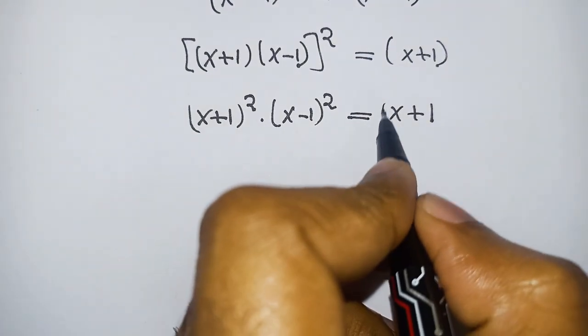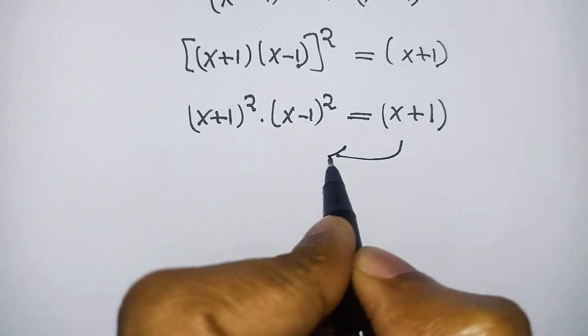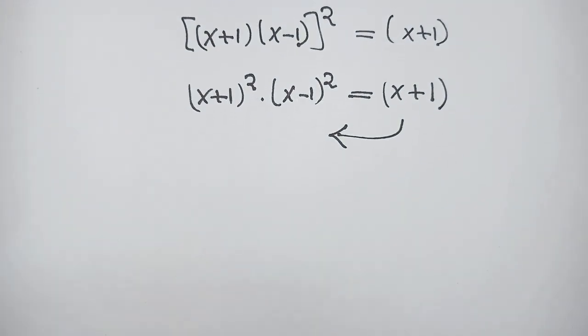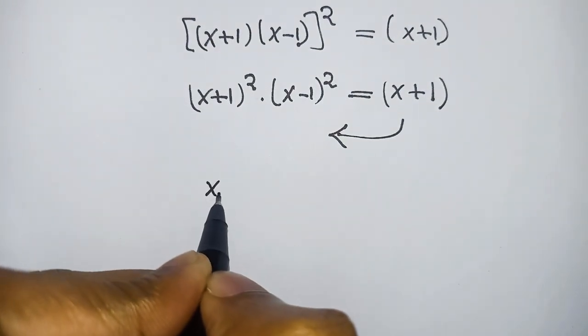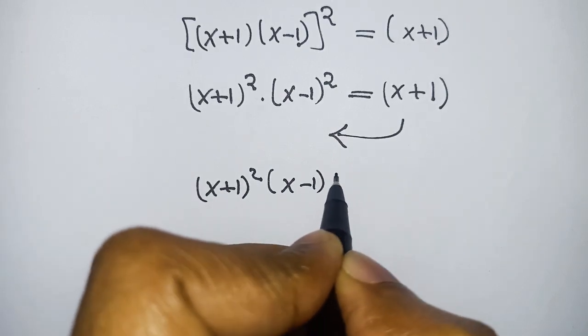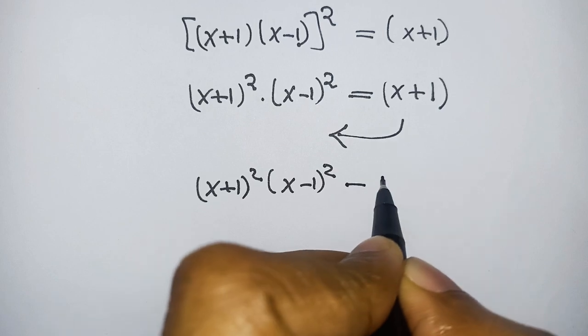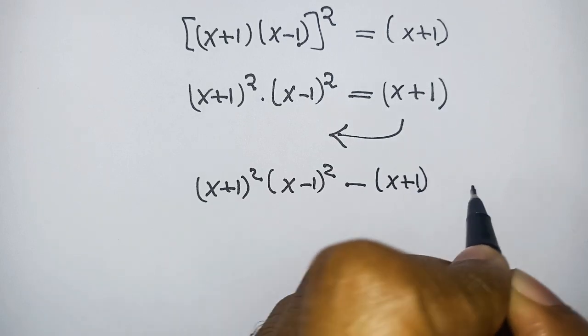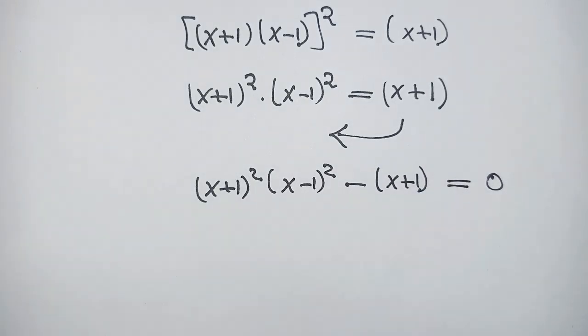Correct? Now taking this x plus 1 to the LHS, we will have (x plus 1) whole square (x minus 1) whole square minus (x plus 1) is equal to 0.